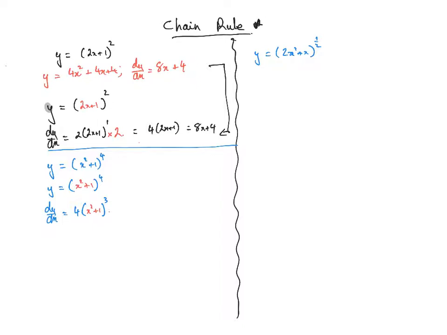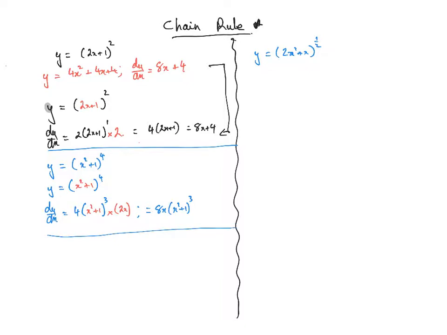But then we just multiply by the derivative of what's inside, which in this case is 2x. Notice the relationship between the red parts: the derivative of x squared plus 1 is 2x, and the 4 out the front with the 3 is the relationship of the derivative of the blue part. So let's join them together. I get 8x times x squared plus 1 cubed.